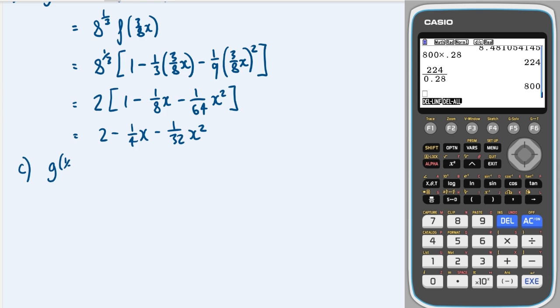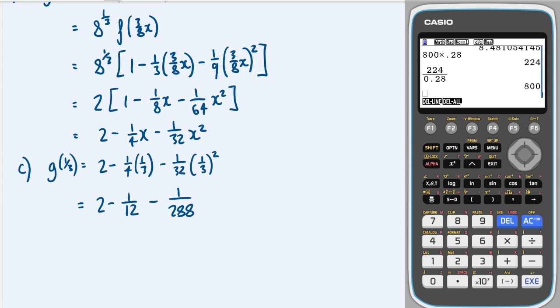So g of 1/3 is going to give me 2 minus 1/4 times 1/3 minus 1/32 times by 1/3 squared. Okay, it gives me 2 minus 1/12 minus 9 times 32 is 288.